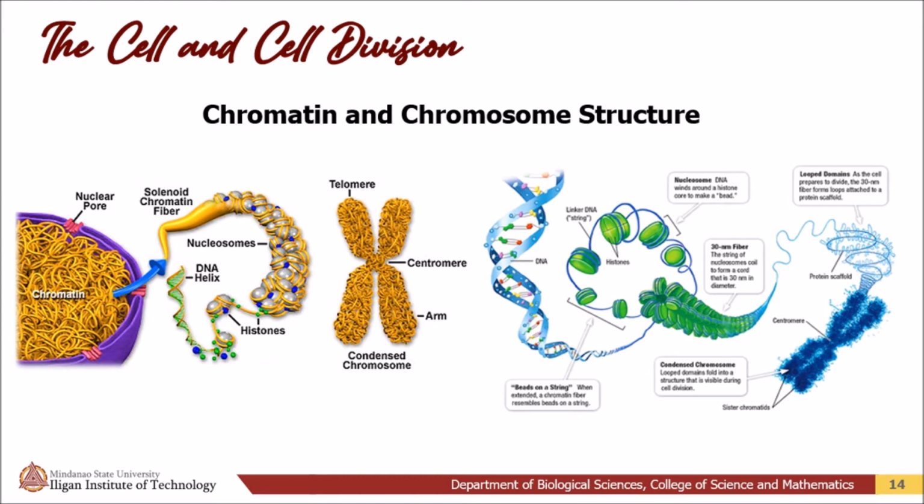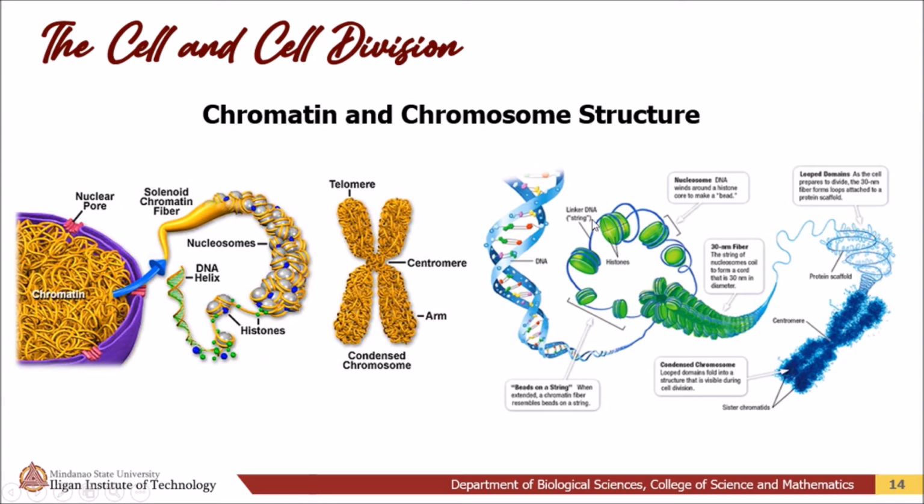Solenoid chromatin fibers are coiled and condensed to form chromosomes. Chromatin makes it possible for a number of cell processes to occur, including DNA replication, transcription, DNA repair, genetic recombination, and cell division.